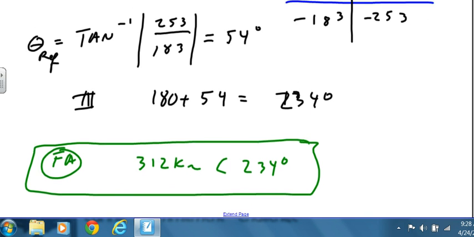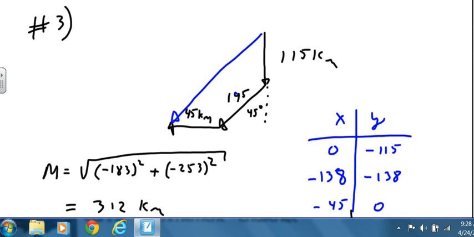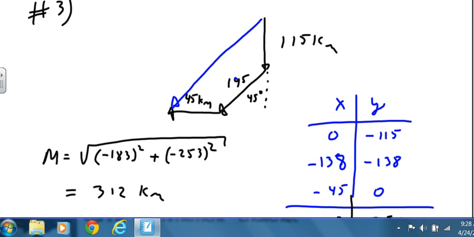Now I could have just as easily put it in my calculator.